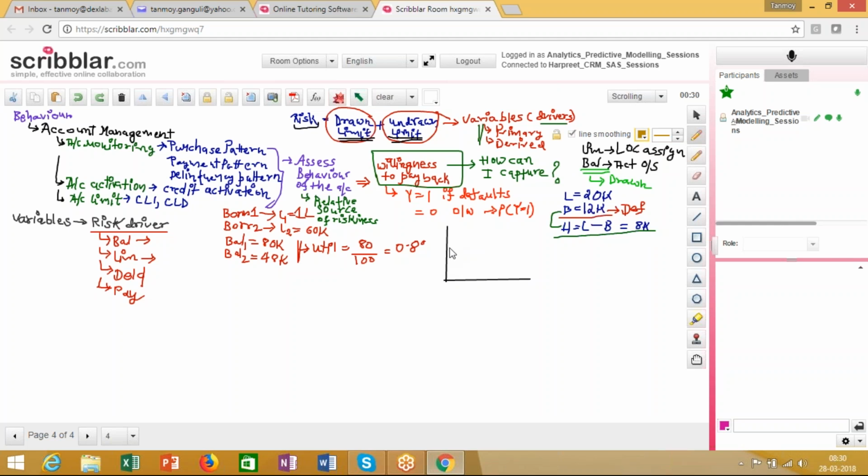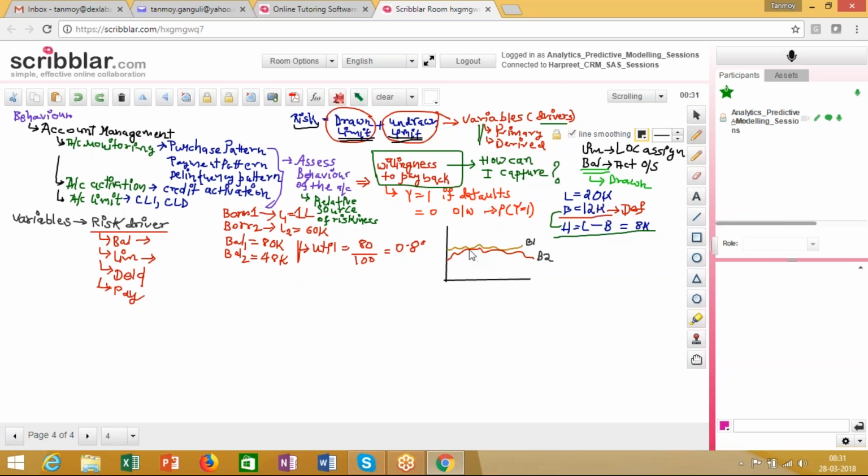So this is for borrower one. This is what the utilization pattern looks like. He has been maintaining more or less a similar kind of utilization. Now the second type of graph that I'll have is, say, this is borrower one, and this is borrower two.